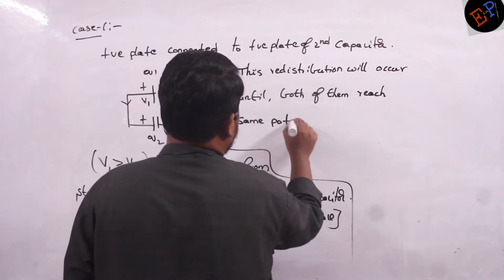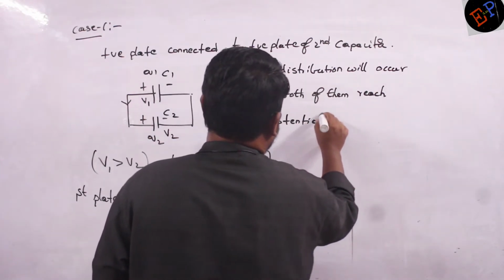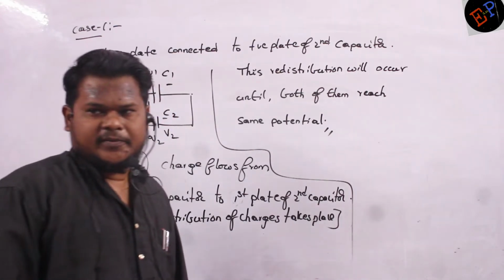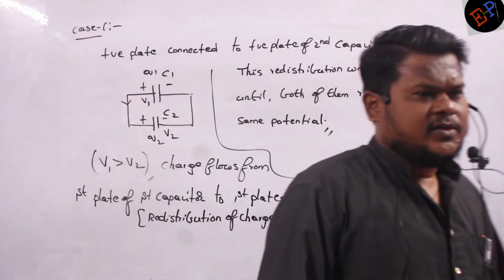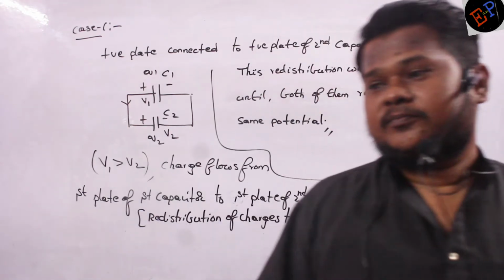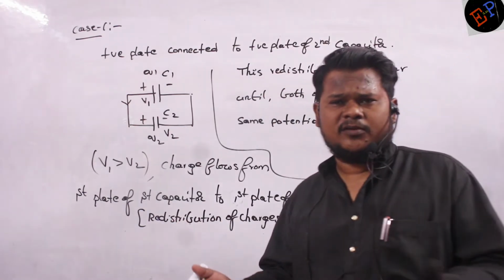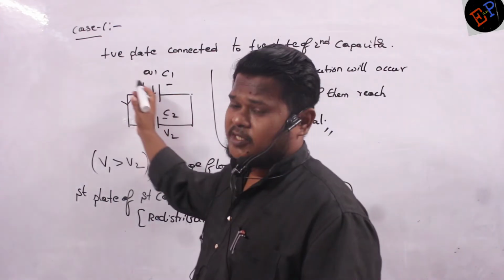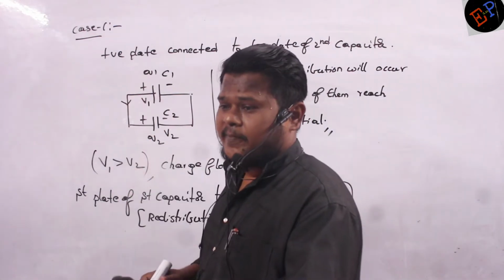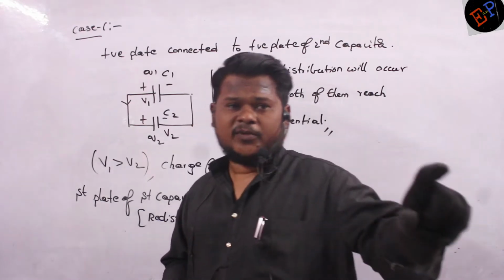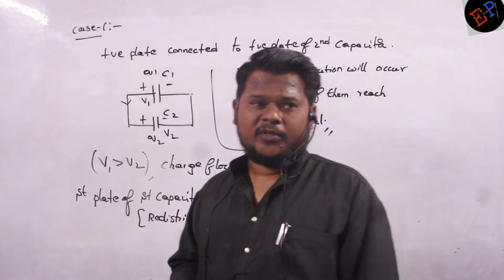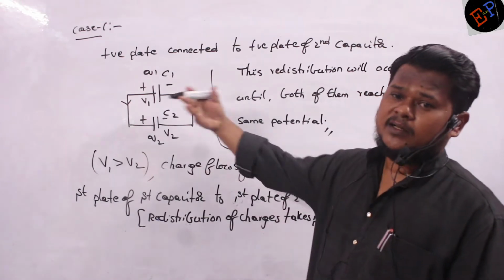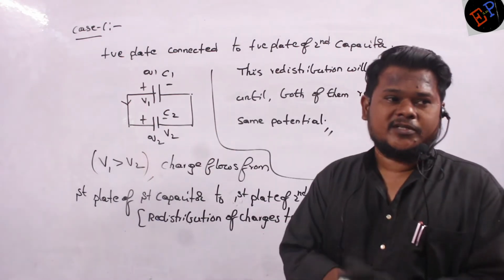This is the most important point. If potentials are the same, then no problem. But if potentials are different, definitely charge flows from the plate at higher potential to the plate at lower potential, and this redistribution will take place until both of them gain the same potential.